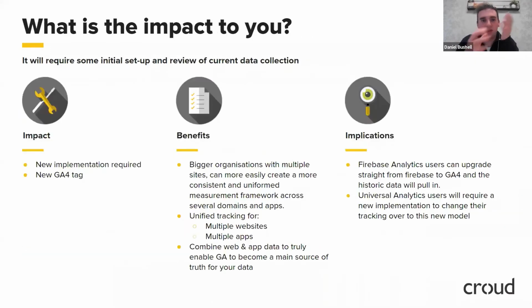So when we think about the impact this has, there are three key things that I think everyone ought to know about how this new data collection and data structure works. For Universal Analytics users, a new implementation is going to be required. You'll need a new GA4 configuration tag, and you'll need to set up new GA4 events as well, so you can't directly push it over.